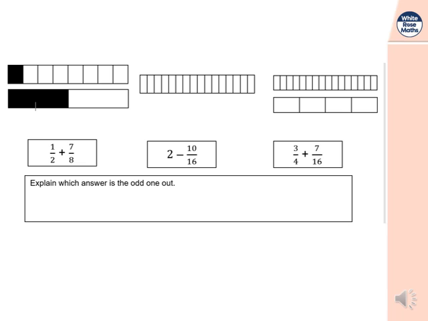It might be that one of the answers is an improper fraction, a mixed number, where the other ones are not. It might be that they all have the same denominator, but one doesn't. You need to have a look and think, what could the odd one out be, and how you can decide what it is. Pause the video and have a go with that one.